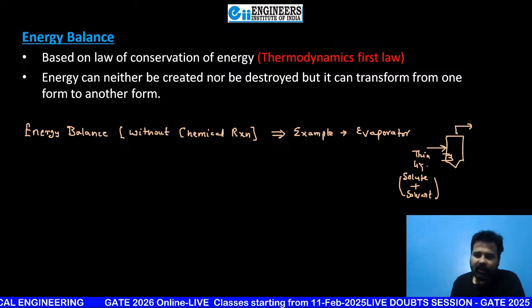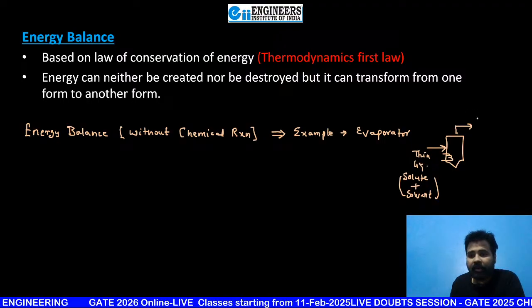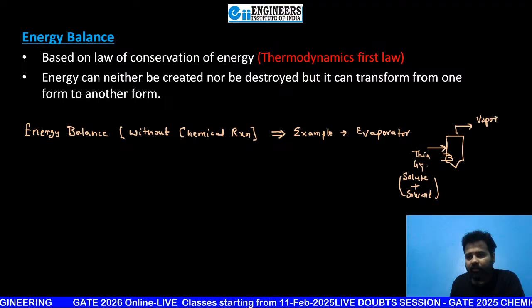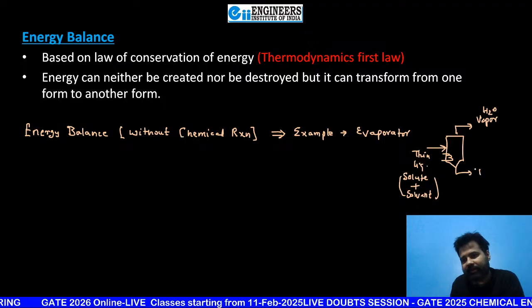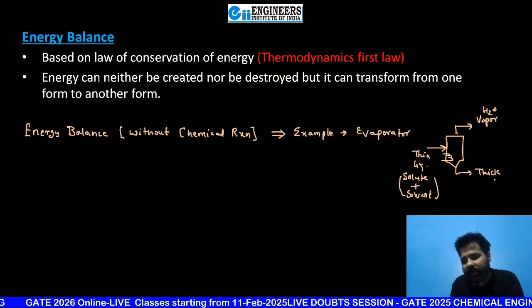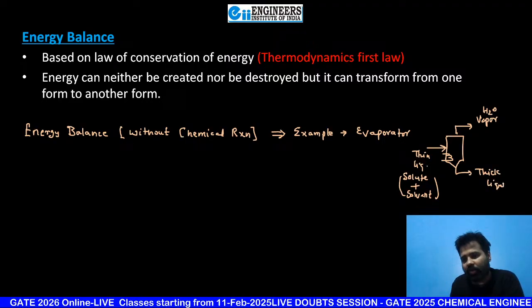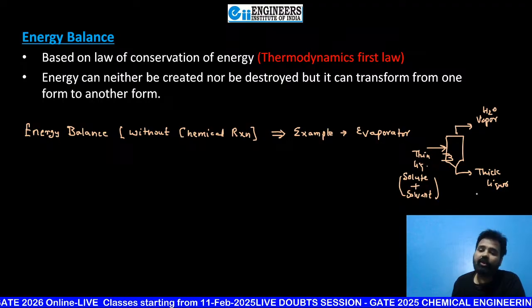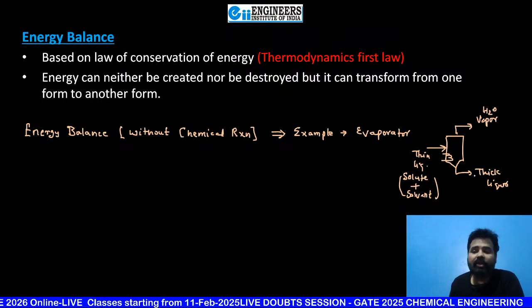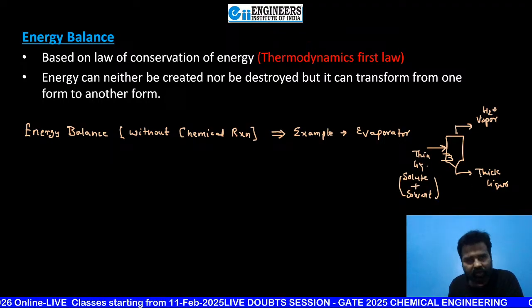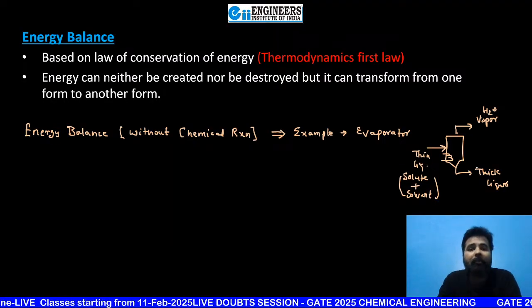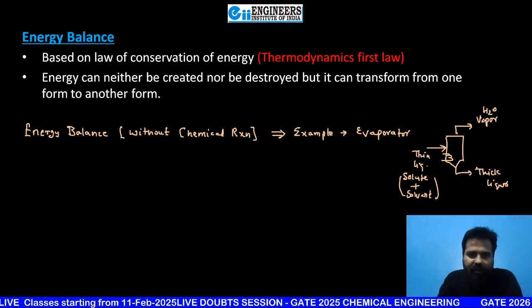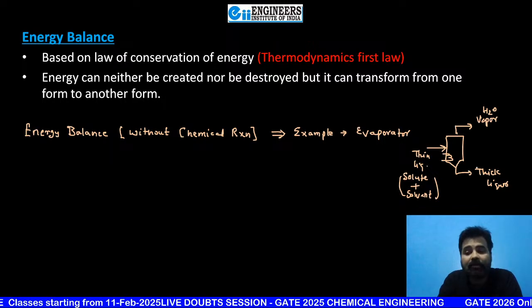You can take it as a general example. From the top you are getting water vapor, and from the bottom you are getting thick liquor. Thick liquor means the concentration of solute increases, but the amount does not increase, because as I told you, beta, the law of conservation of mass applies everywhere.